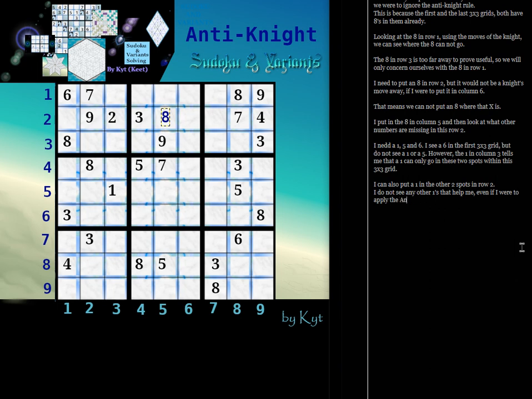Apply the anti-knight's move rule. I look at the 5, and the 6, but again the anti-knight rule does not help yet.